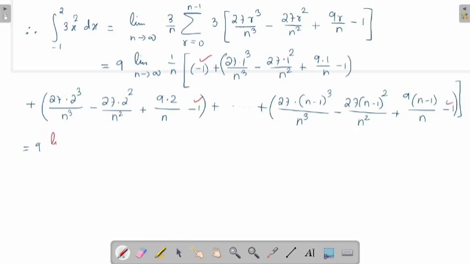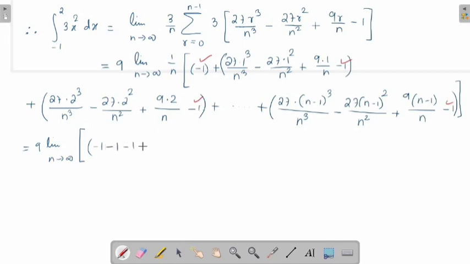So we have limit n tends to infinity. First and foremost I'll group all the -1s. So we have -1, this is my first one, this is my second one, so this one is my second -1. Okay, so -1, next is this one.